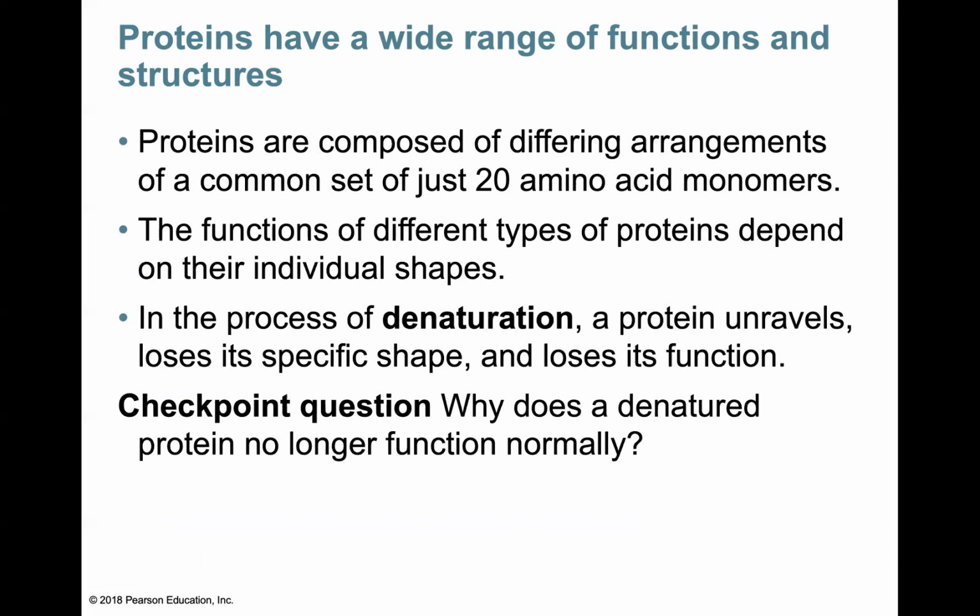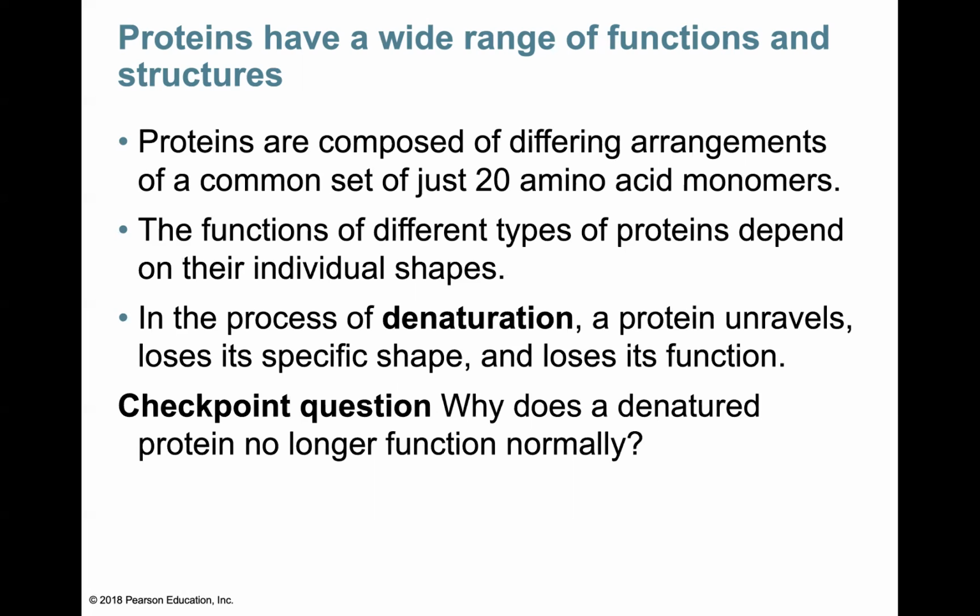Proteins are composed of differing arrangements of a common set of 20 amino acid monomers. Here we have our building blocks of proteins, the amino acids. There are 20 naturally occurring amino acids, and depending on the polypeptide sequence, the amino acid sequence will determine which type of protein is created.